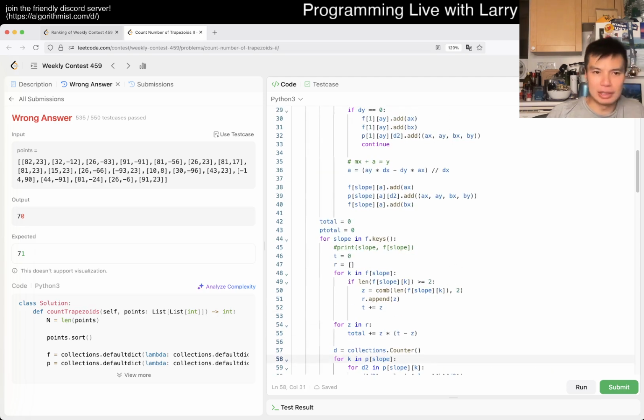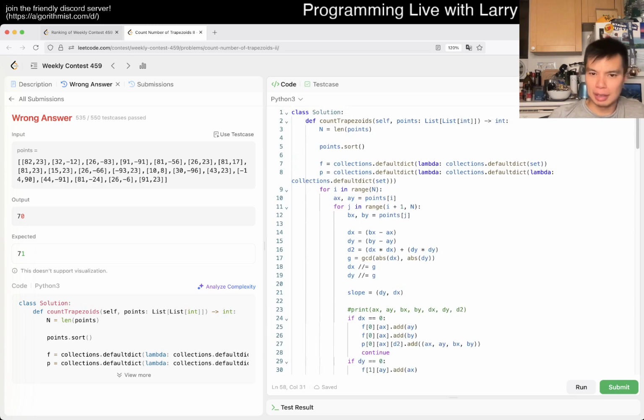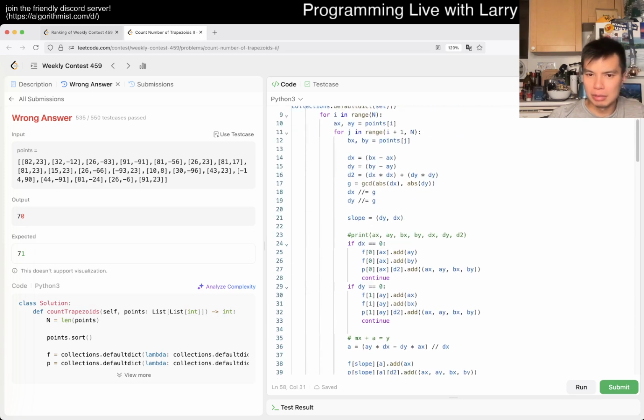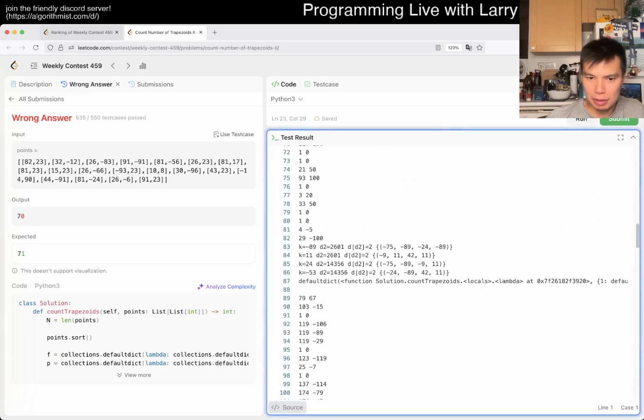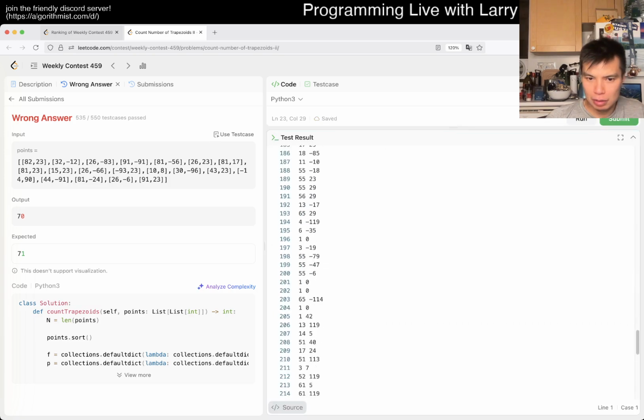But I have no idea how to, unless I use anything funky, right? Let's double check. DX, DY, we don't have anything too funky.